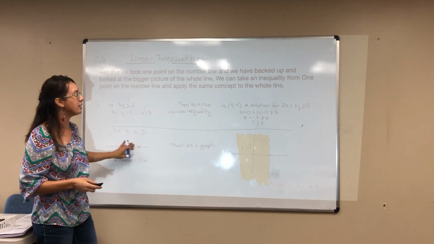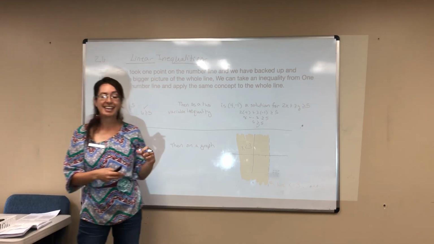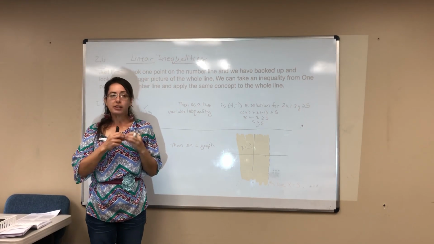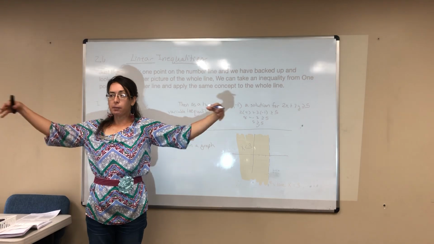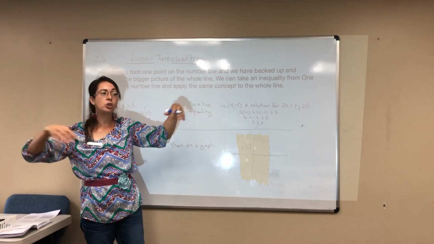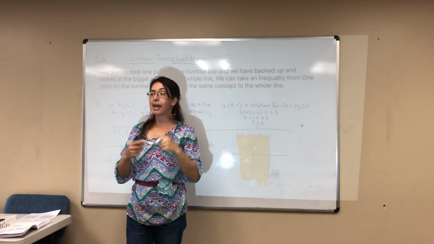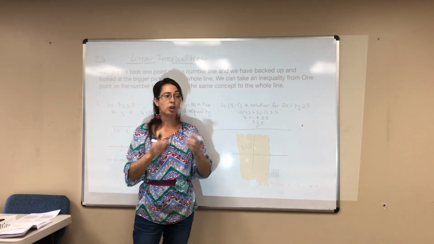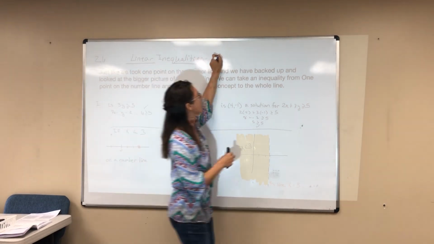So when we look at linear inequalities, what I like to say is, in math, we like to start baby, and then we make it broader, make it bigger. When you were in elementary school, you learned how to count on a number line, right? Your numbers were all on one single line.